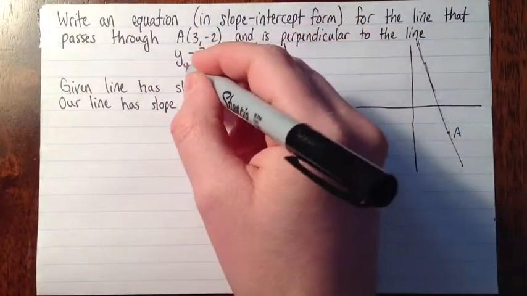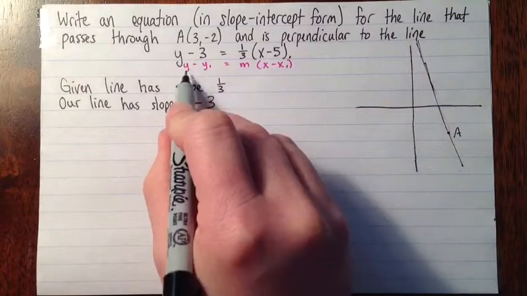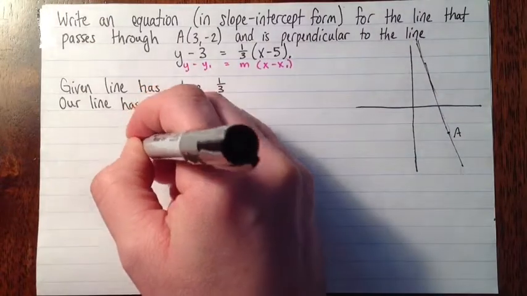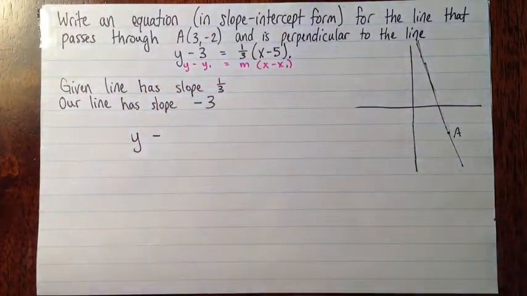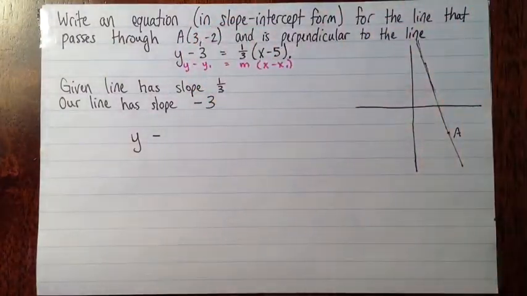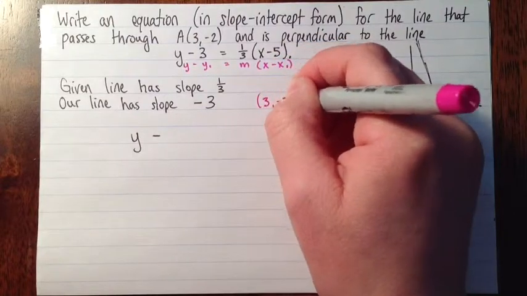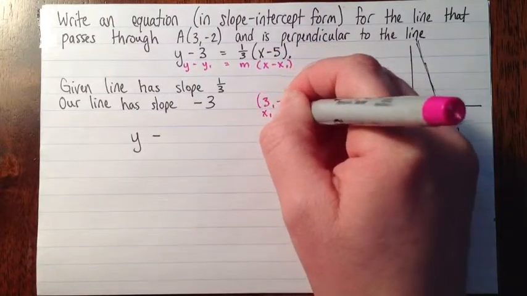Okay. So let's use slope-point form, because now we know our slope and we know a point. So we've got y minus y1. It's really worth spending a little extra time identifying your x1 and y1 here. We've got the point (3, -2), so that's x1, y1.